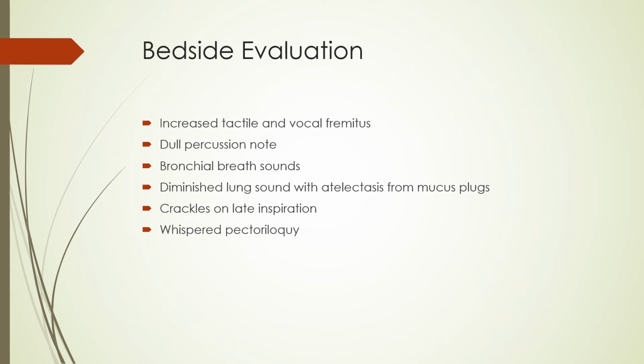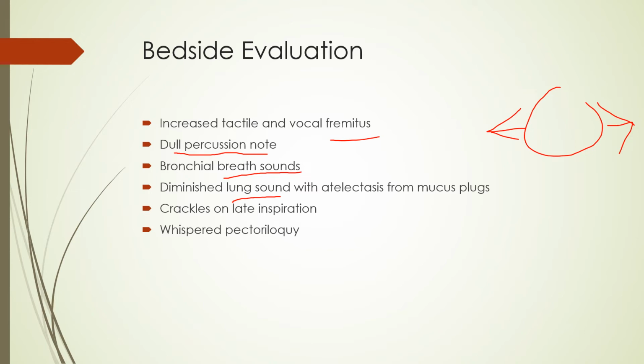So other things that you'll see, you'll have an increase in firmness. Remember, anything that increases the density of tissue will increase firmness. The dull percussion note, because there's more dense tissue. Bronchial breath sounds, because there's more dense tissue. Diminished sounds, of course, they're not able to get their respiratory zone to expand at all, whether it's because of a mucus plug, because of a compression, because of low drive or neuromuscular, right?